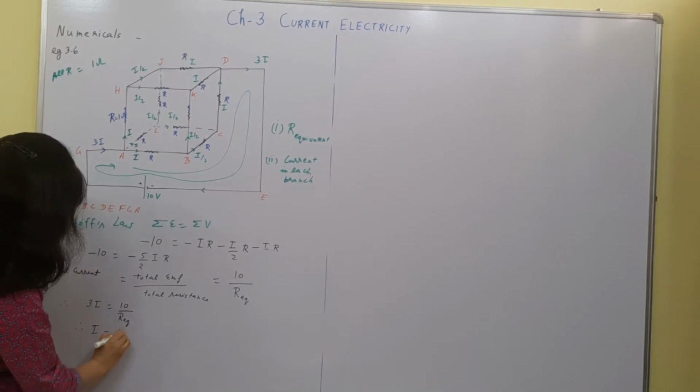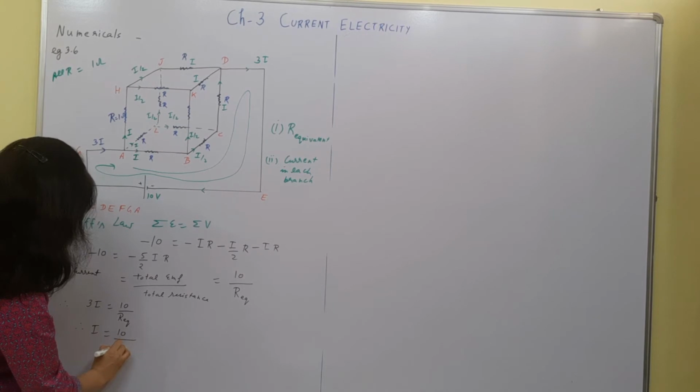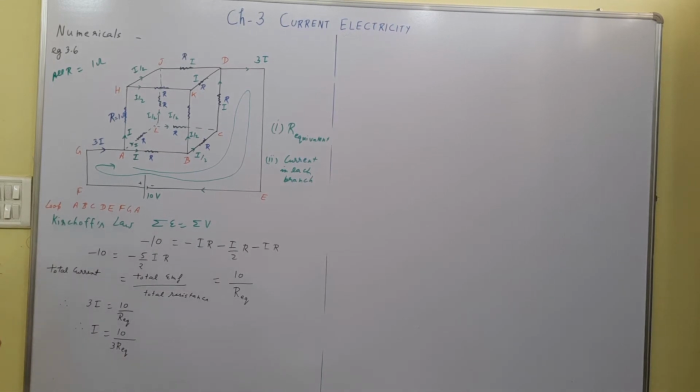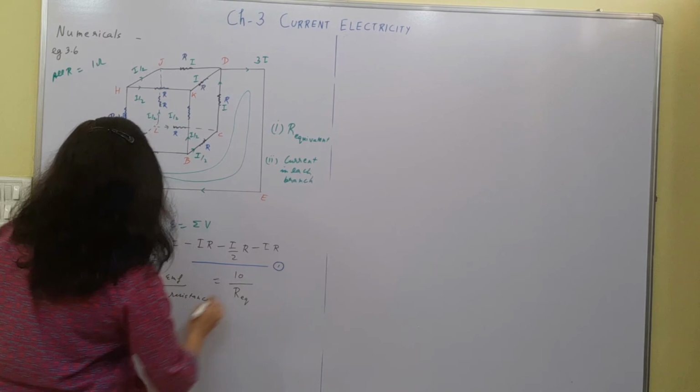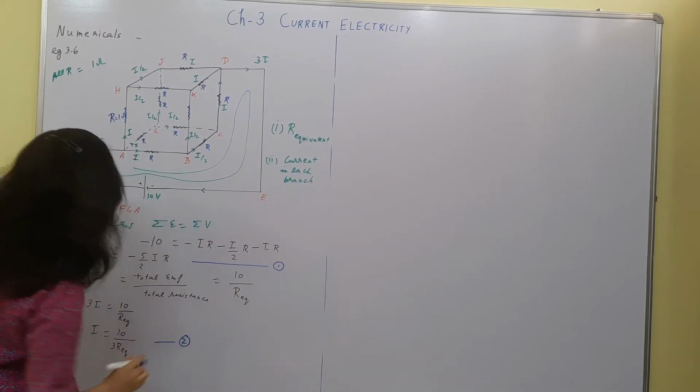Therefore I is equal to 10 upon 3 times R equivalent. I can mark this as equation 1 and this as equation 2.